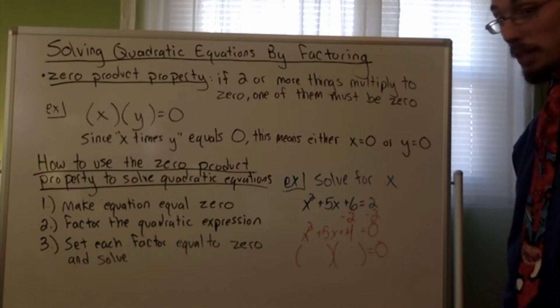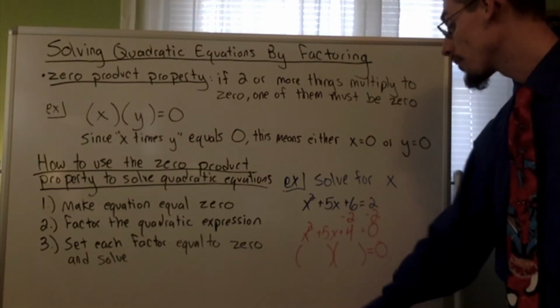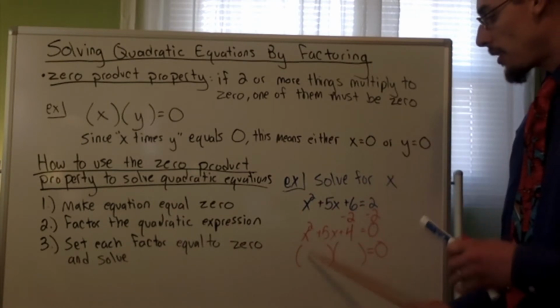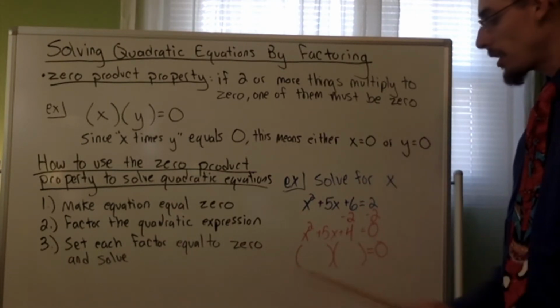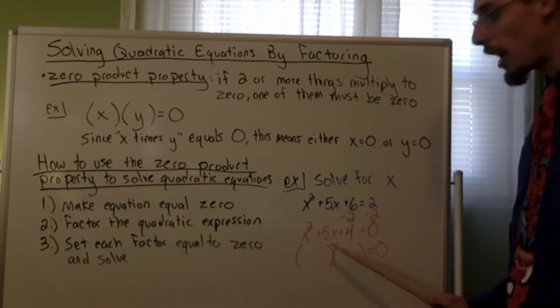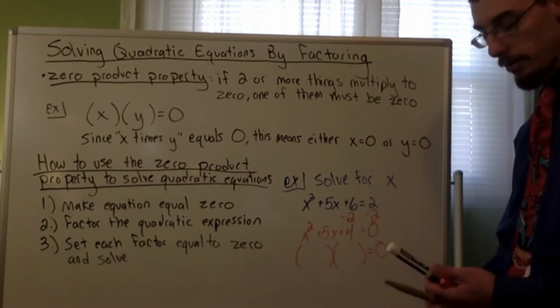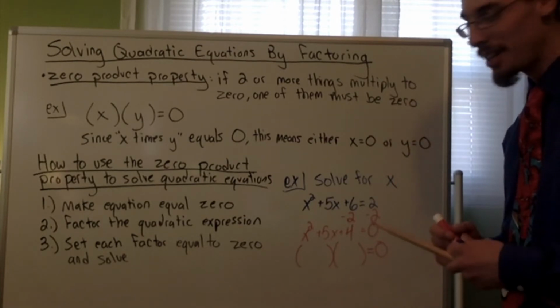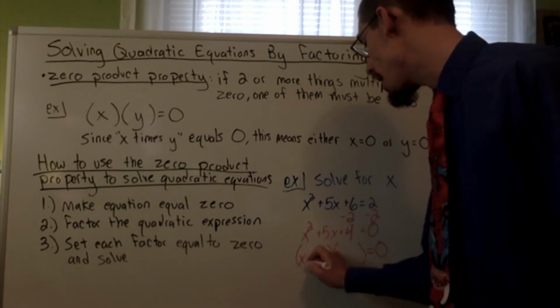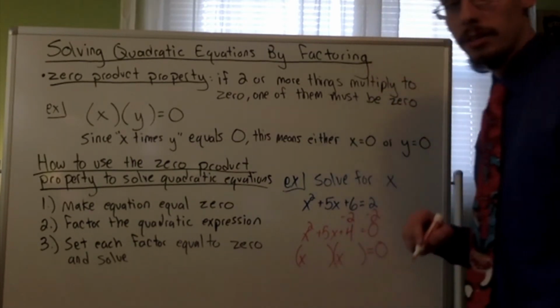Now, in order to do this, I know that my 2 factors, the first term has to multiply to x squared. The cool thing about that is there's only one way to do that, and that would be x times x.